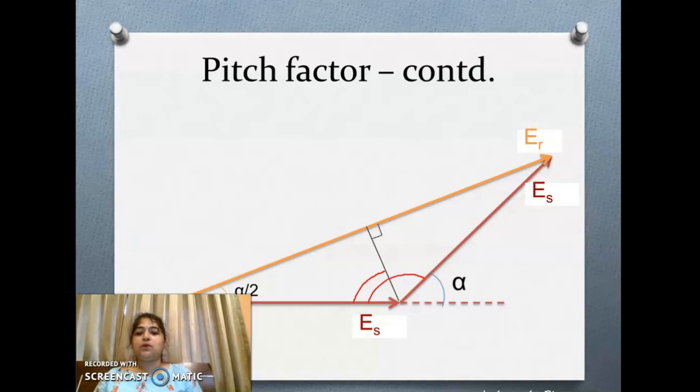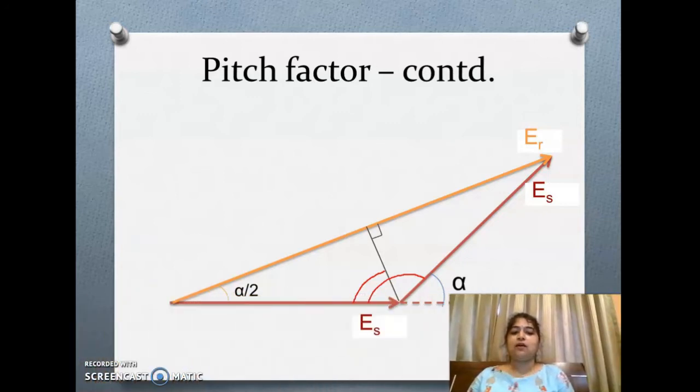Now what we will do is consider this particular triangle. You can see this triangle. And what we want ultimately is this particular value, because in this triangle, if we get this side, ER will be exactly double of this side of the triangle. So let's apply the trigonometric expression here.